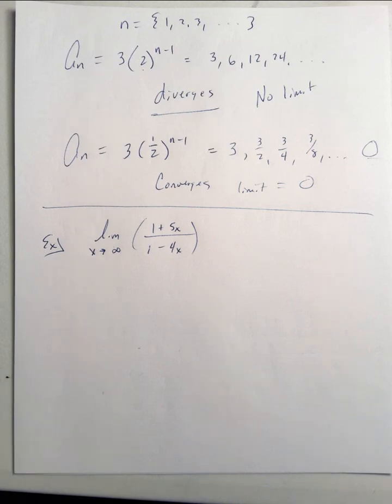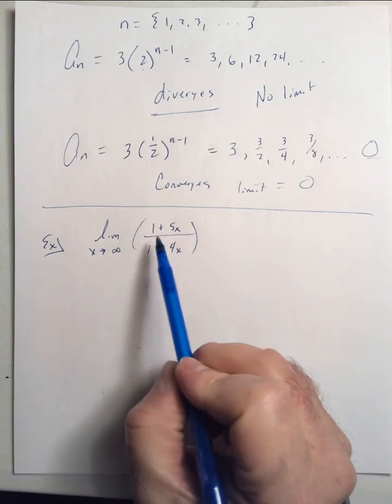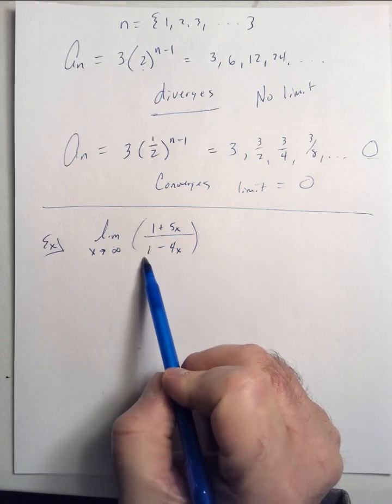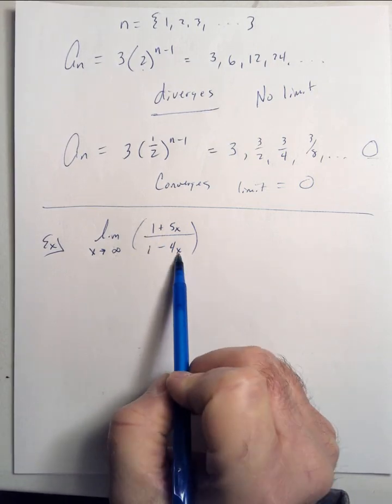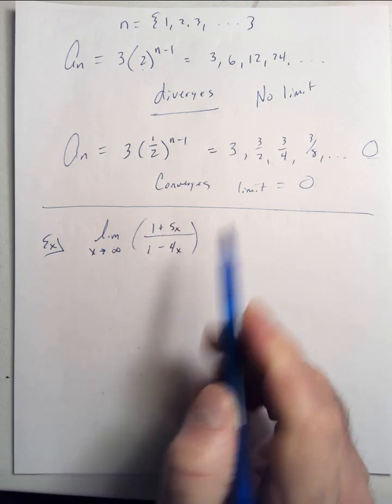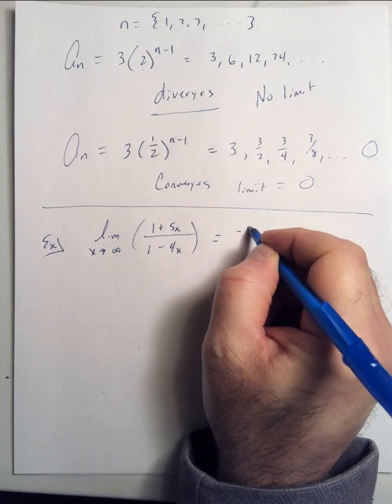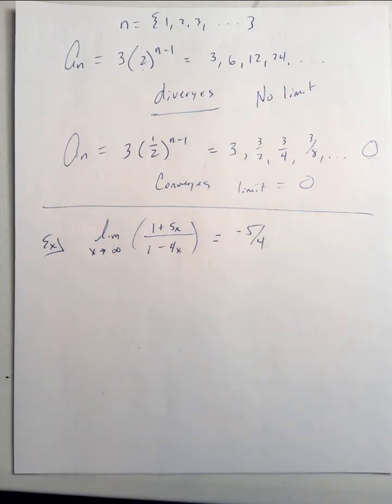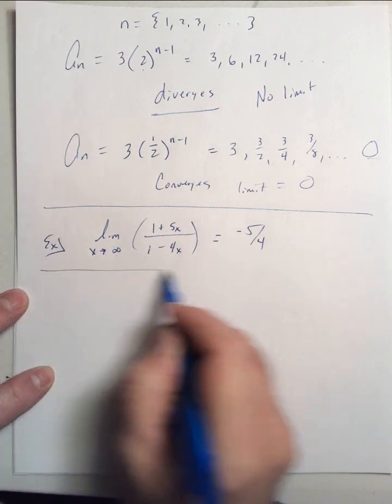And we have a rational function. And again, these terms right here don't matter when we're looking at infinity. All we really care about is the leading coefficient. And in this case, because the degrees are the same, we're approaching negative 5/4. So you're going to be doing a lot of that.